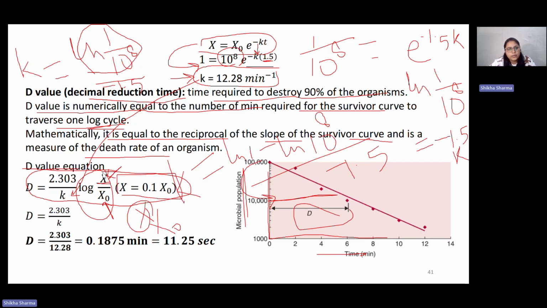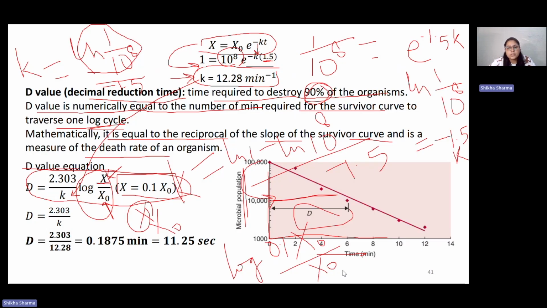So when we put it in, it will be log of X divided by X naught, where X is 0.1 of X naught, a 90% reduction in the microbial population. So 90% of the population will be killed and only 10% will survive.